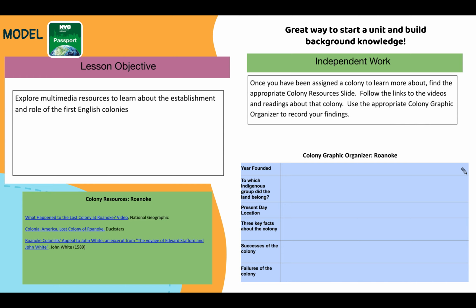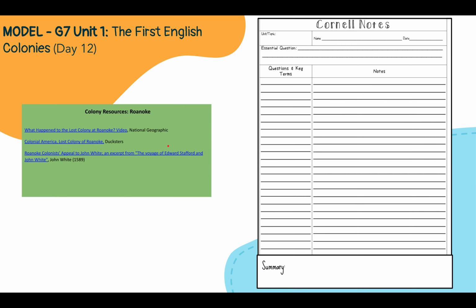And then once you have explored these resources, you would have to answer a question. So let's practice what this Cornell Note strategy would actually look like for Unit 1, Day 12, titled The First English Colonies. And these are the resources that we are provided with, that we need to look at, study, and take notes on.